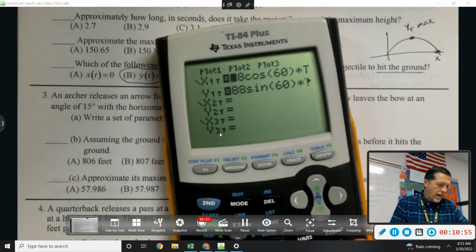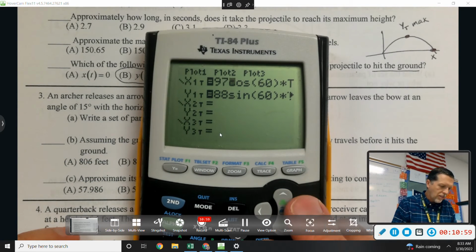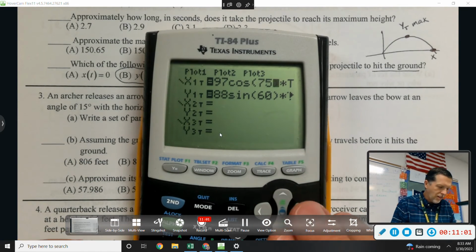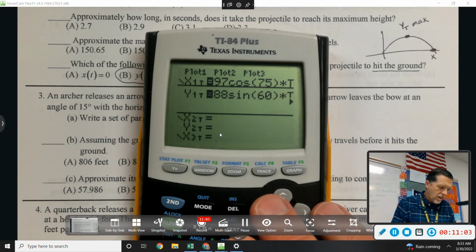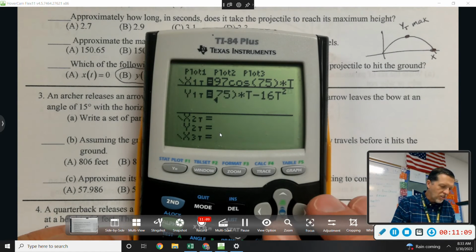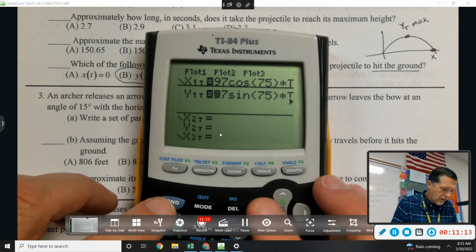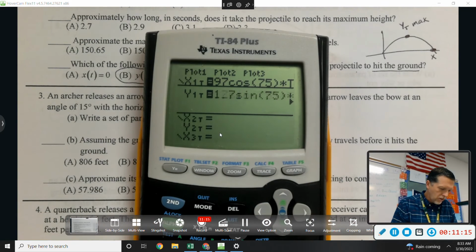All right, this will be the last one we do. So 97 cosine 75, 97 sine 75. So all you have to change is the initial velocity and initial height. Second insert, 14 plus, there we go.